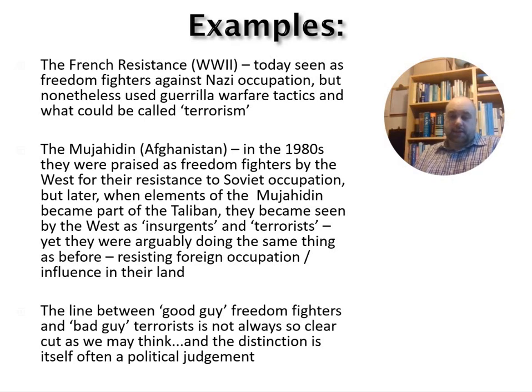But if we look at what they actually did, their actions involved guerrilla warfare, acts of guerrilla warfare which are remarkably similar to the kind of actions that terrorists or insurgents might use. Assassinations, blowing people up, blowing things up, acts of sabotage, and so on and so forth.